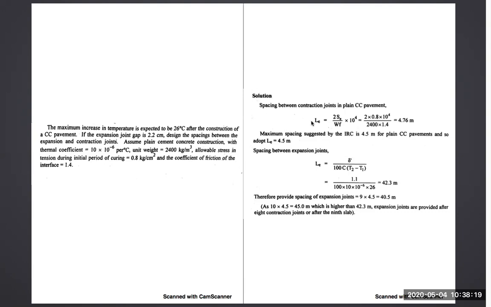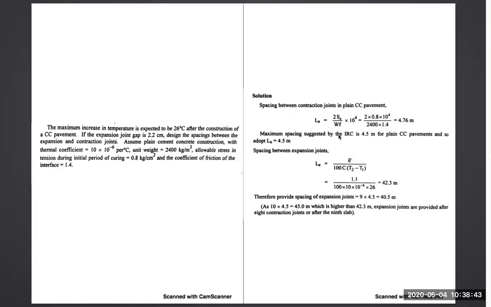So we'll first take up the contraction joint in CC pavement with respect to plain cement concrete, and LC is given by 2 into SC divided by W into F into 10 raised to 4. So all the values have been given, they have substituted the same thing, and they have found out the contraction joint spacing in CC pavement. Okay.